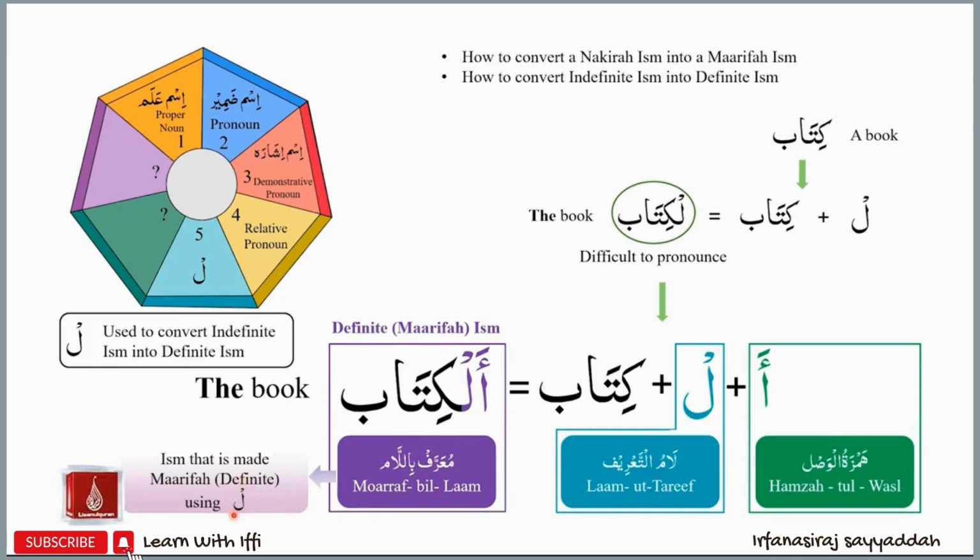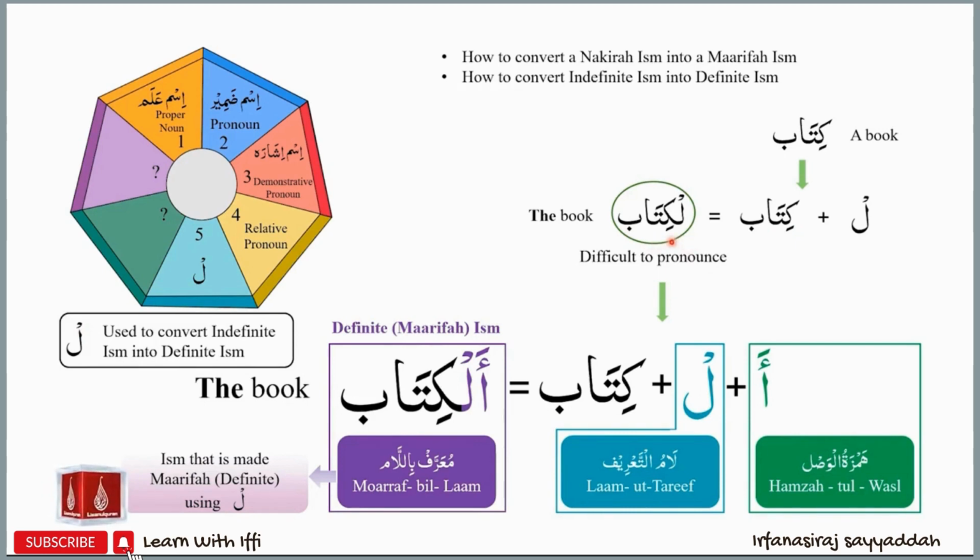To recap, there is a way for us to convert an indefinite ism into definite ism, and we can do that using lamut tarif, which is the lam with the sukoon on it. If we take the word kitab and we add lam with the sukoon on it to kitab, we will end up with a word which we cannot pronounce, or it will be difficult for us to pronounce.